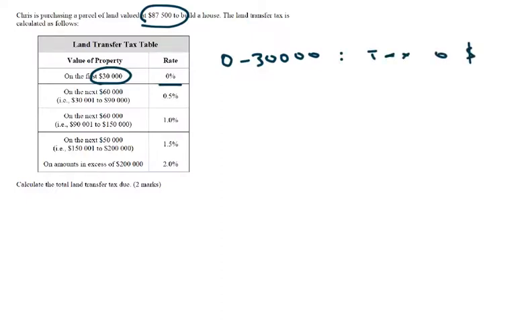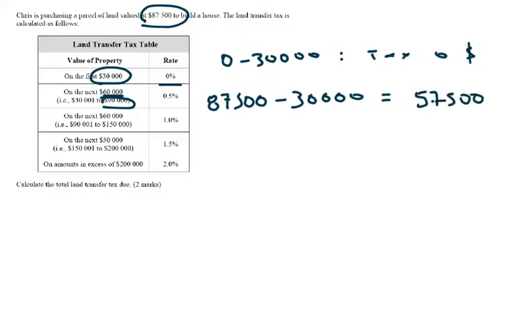Okay, so $0 here. For the rest though, so what would be the difference on the next 60,000 up to 90,000? That will be 87,500 take away the 30,000, the 57,500.